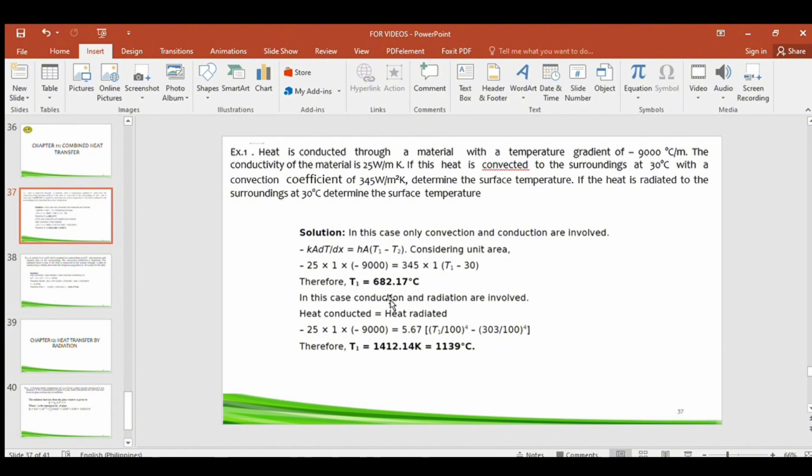And in this case, conduction and radiation are involved. So the heat conducted is equal to the heat radiated.